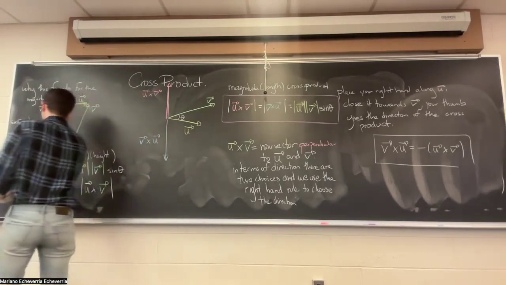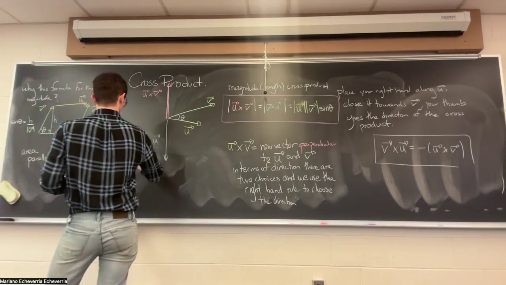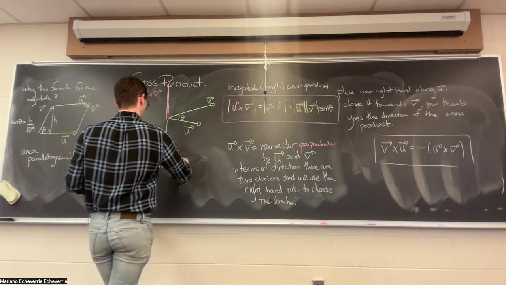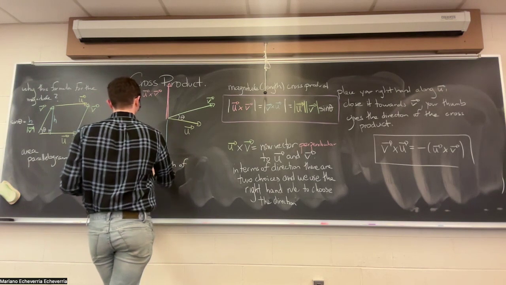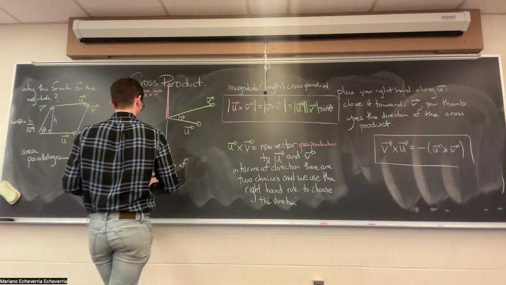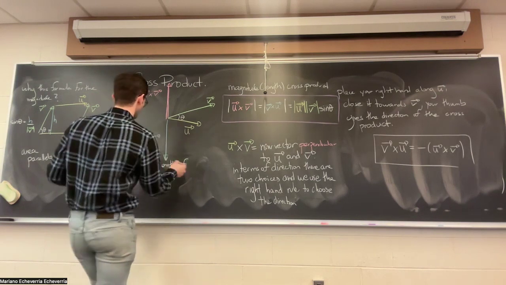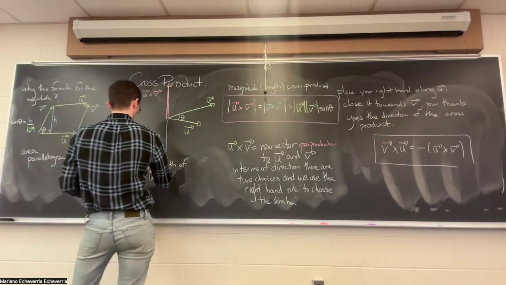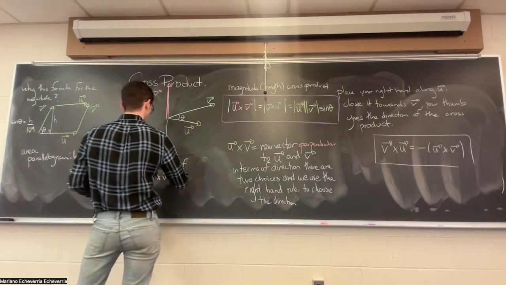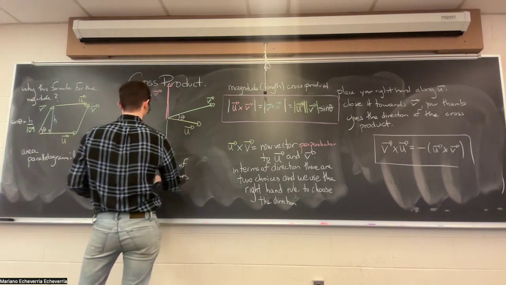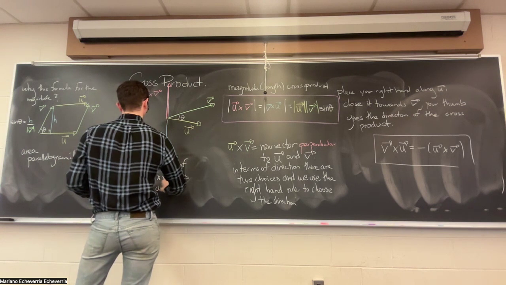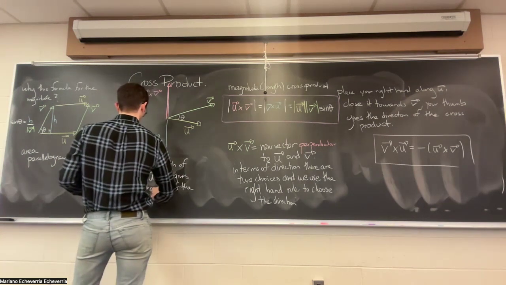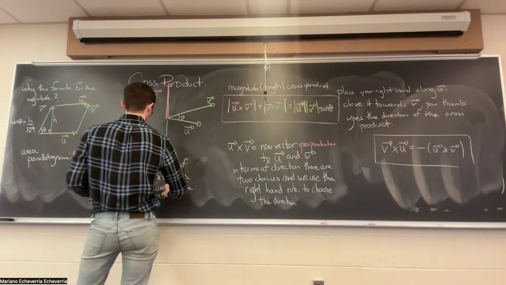So, the length of u cross v is the area of the parallelogram with sides u and v.